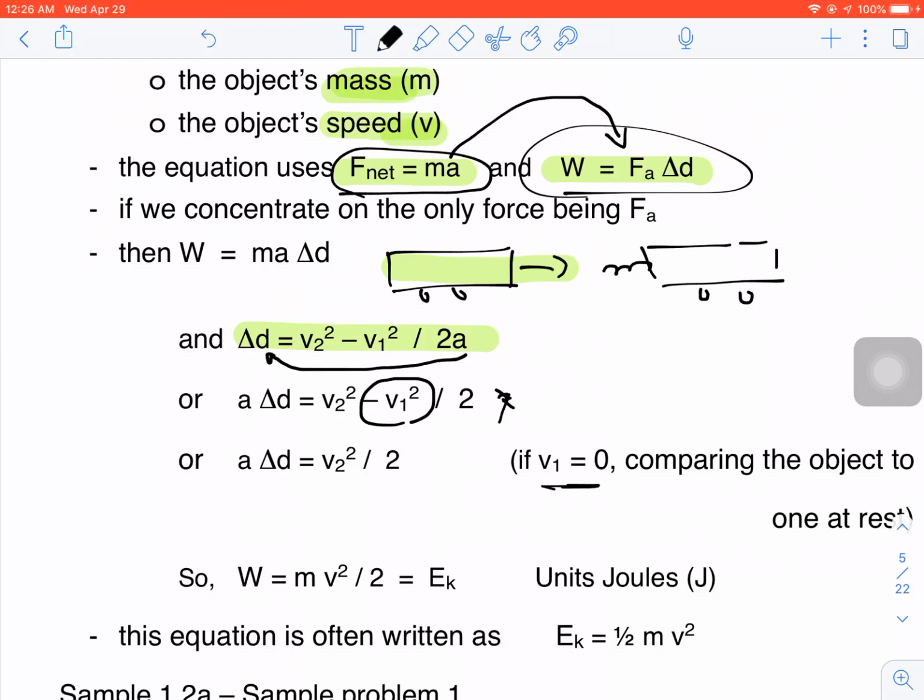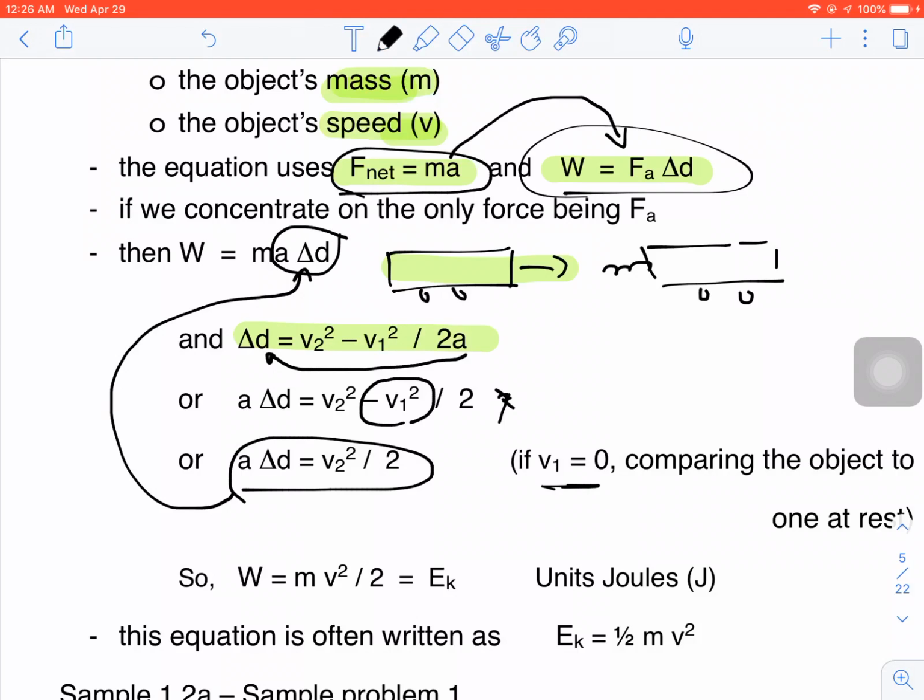Now, if I know that A delta D equals V2 squared divided by 2 from my kinematics from Unit 2, I'm now going to plug A delta D in here, and I now get work is equal to mass times A delta D, or work equals mass times V2 squared over 2.